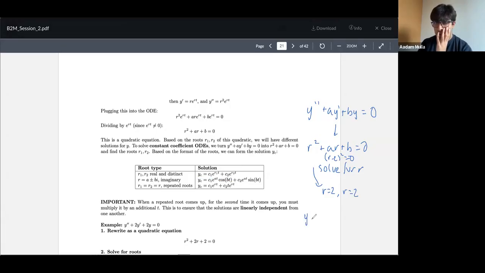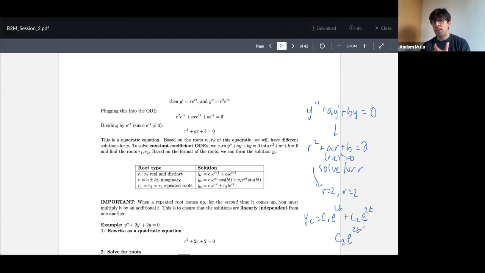I'm going to say yc equals c1 e to the r1t plus c2 e to the r2t, and r1 and r2 are just 2. But notice how these can be combined, I can add the constants and turn that into c3 e to the 2t. And that's not good because a second order ODE will always have two solutions.